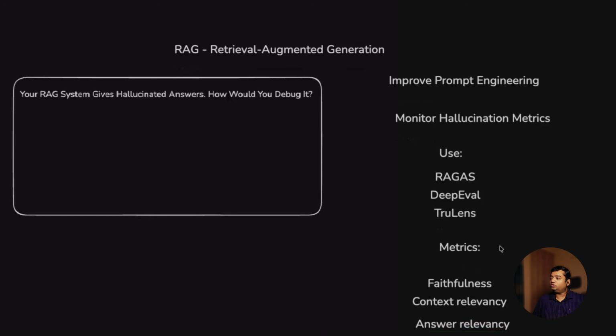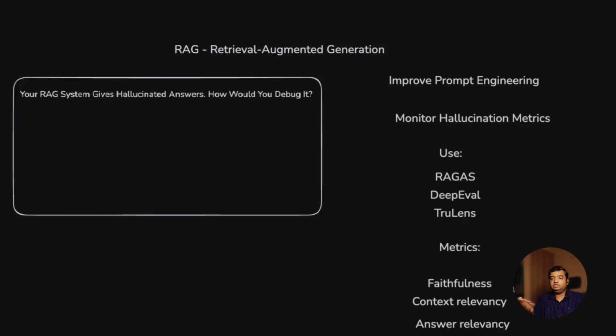These frameworks give a few metrics like faithfulness, context relevance and answer relevancy. You can create a dashboard on top of them, or get a report of these metrics every 2 or 3 days, and then at least understand whether your RAG pipeline is hallucinating or not.